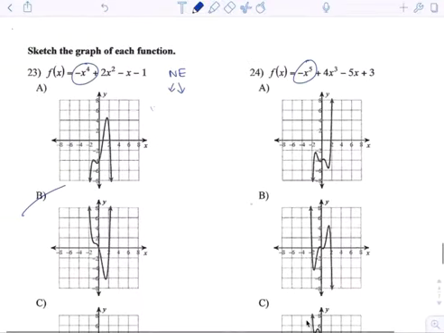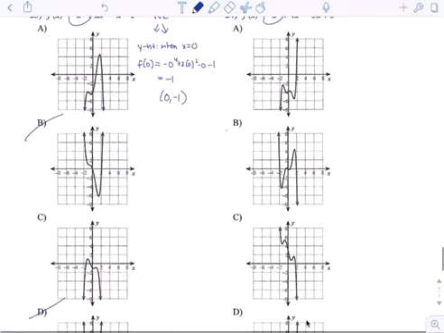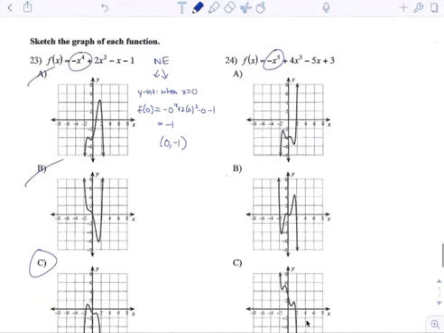And then go ahead and find your y-intercept, which is when x is equal to 0. So f of 0 equals, substitute 0 in for your x's now. Negative 0 to the fourth plus 2 times 0 squared minus 0 minus 1. And that's just going to give you negative 1. So you guys know 0 comma negative 1 is your y-intercept. A does not have a y-intercept of 0 comma negative 1, but C certainly does. So there's that one.